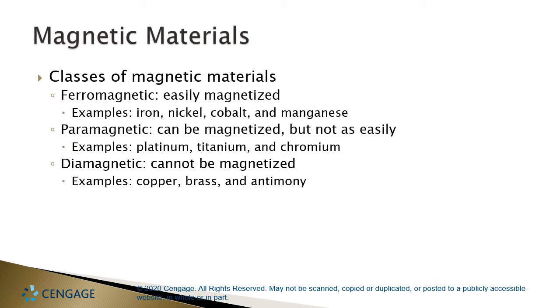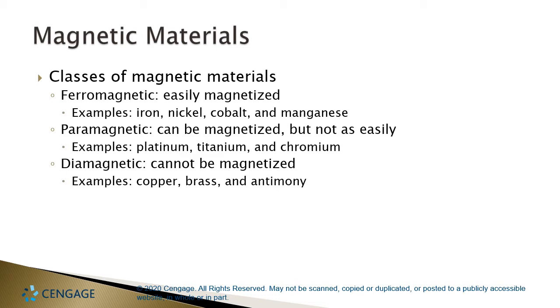When we tend to think of magnets and materials, we tend to think of iron. Iron is a material that is relatively easily magnetized and it's used for a lot of different magnetic applications. But it turns out that many different metals or materials in general can be magnetized. And there's three different categories that we put materials into.